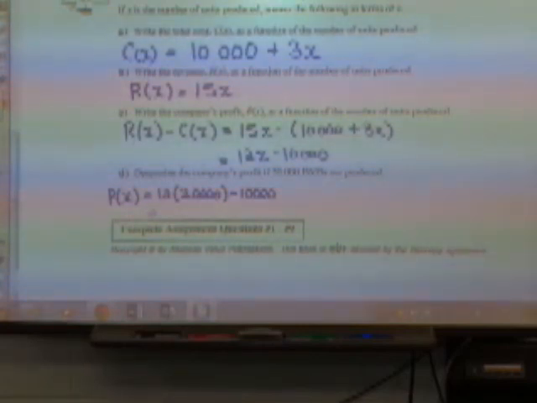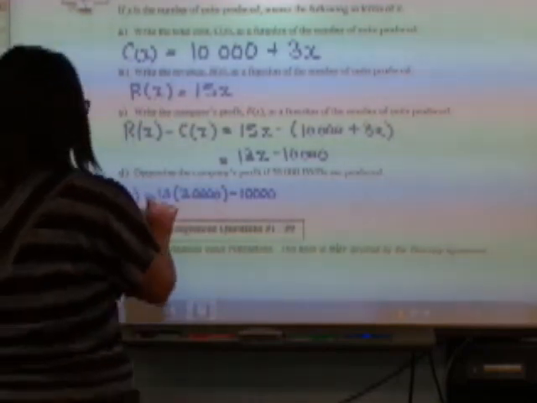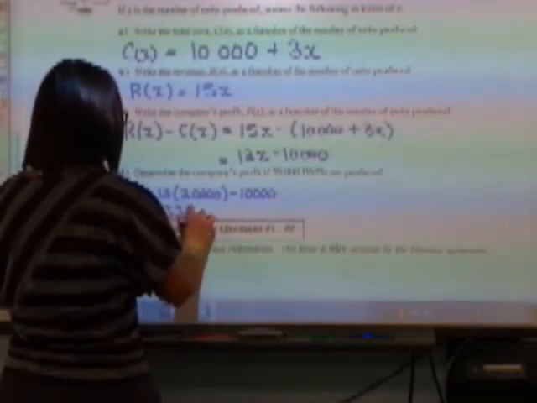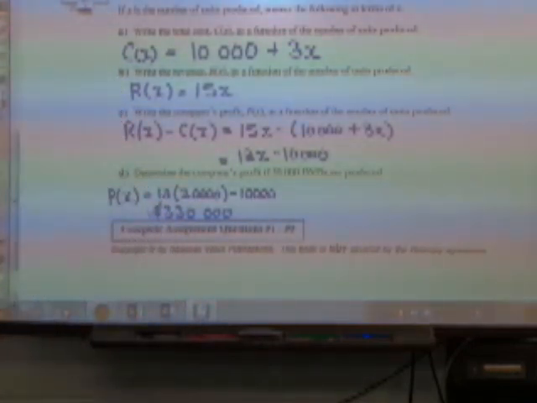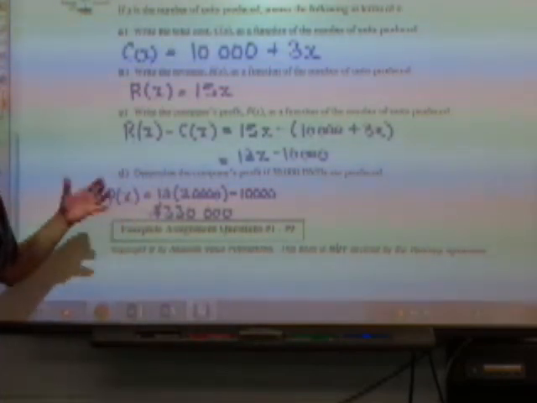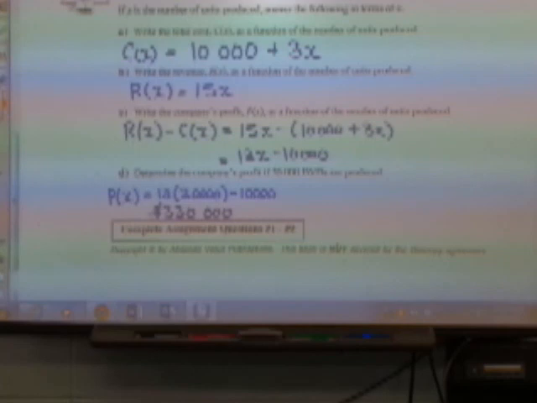And I could also do this question and figure out what is my break-even point, how many DVDs would I have to sell in order to pay for everything, and that would be letting P equal 0 and then solving for x. So there are different things that I could do.